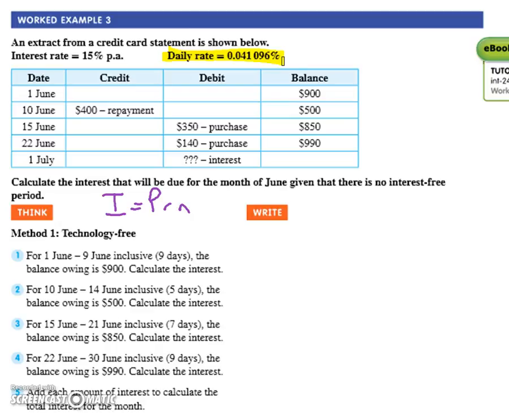Okay, so for this first part, we have to work it out. Now, this is what I'm trying to get you guys to think about. They do it on a daily rate. So how much did they owe on the 1st of June? 900.